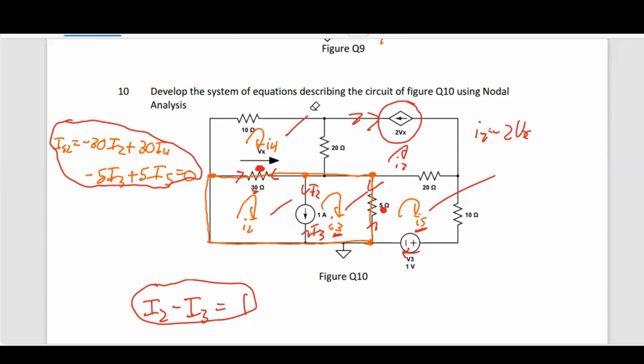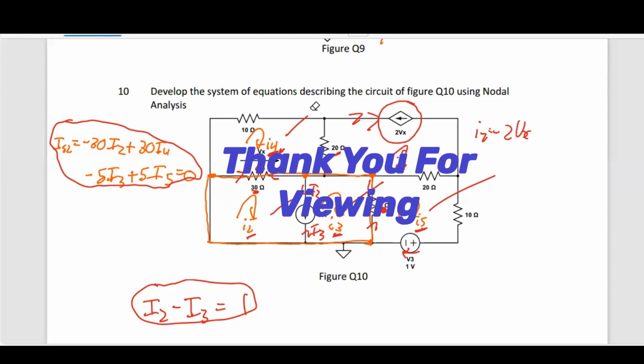When you go through this 30, you have an I4 term and an I2 term. If I go through this 20 here, I will have an I2 term and an I4 term. So it all depends on the resistors you go through that incorporate the super loop. Yeah, that's it.